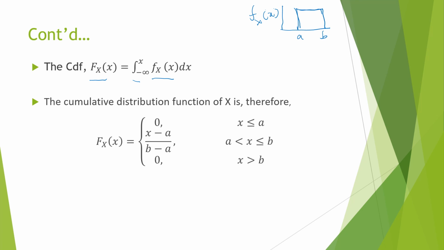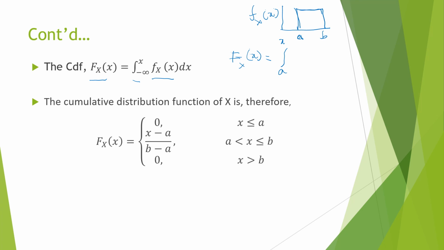Therefore, how do we write this? F of x is equal to the integral from minus infinity to x. As we know that below A this value is 0, we can put the limits as A to x.